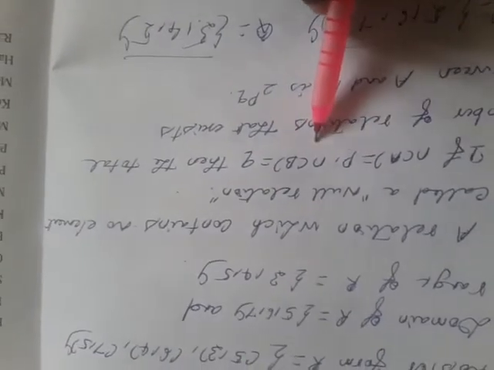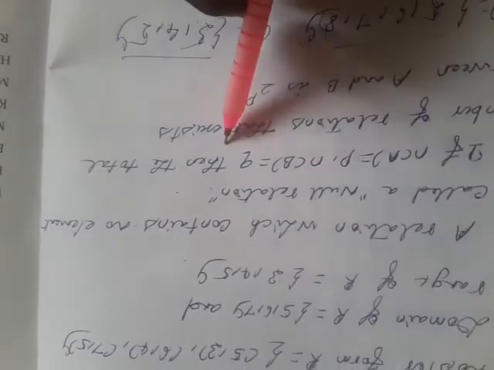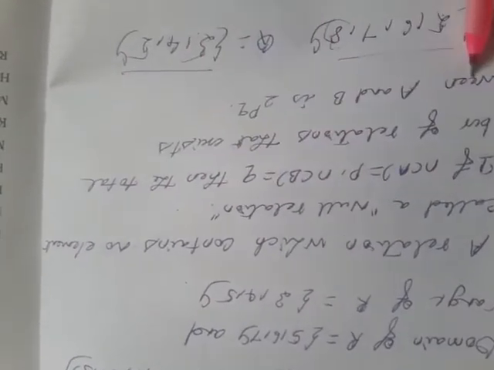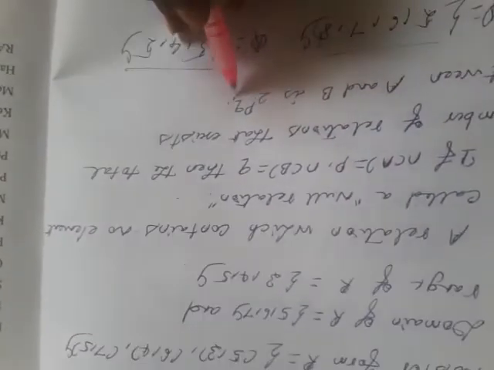That is called the null relation. Next, if the number of elements in A is p and in B is q, then the total number of relations that exist between A and B is 2 power pq. This is one important formula.